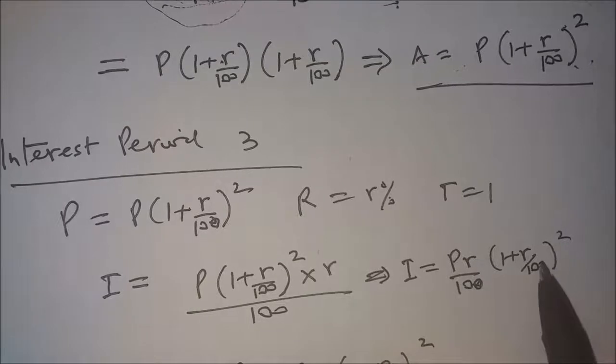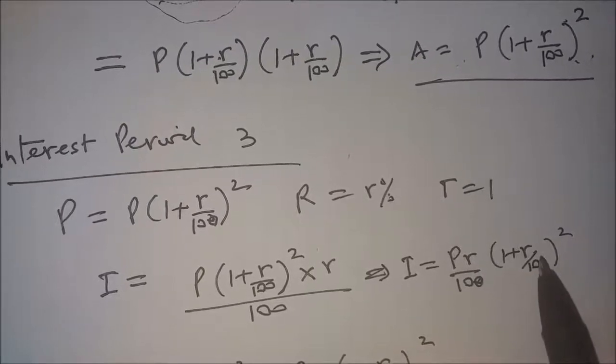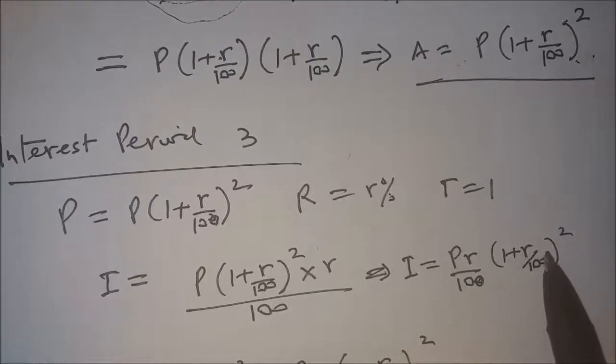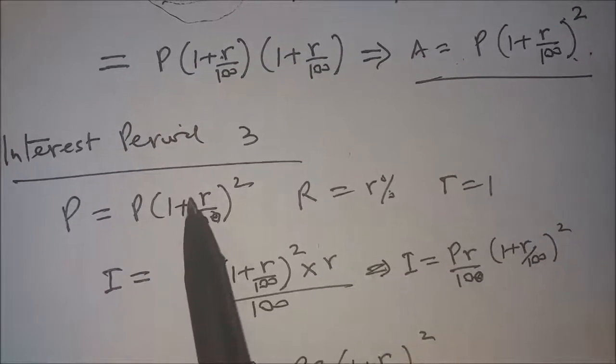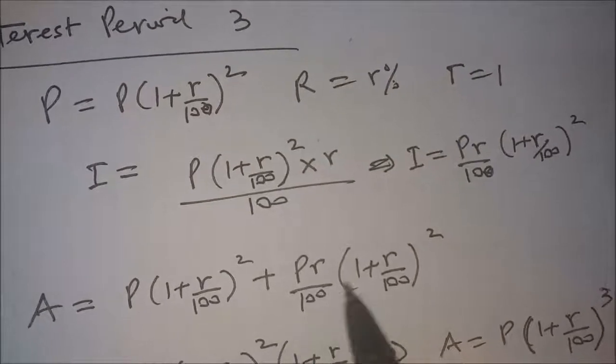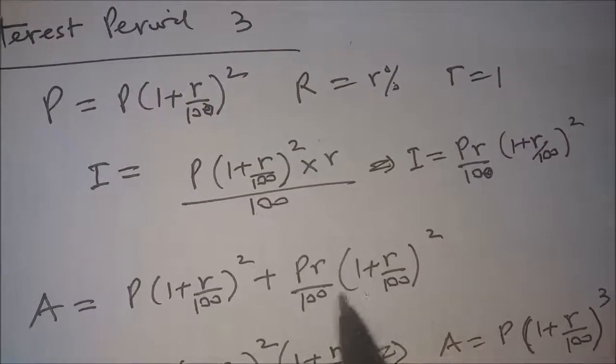This is the interest. What is the amount at the end of period 3? We take interest plus principal, and we have this long expression here.